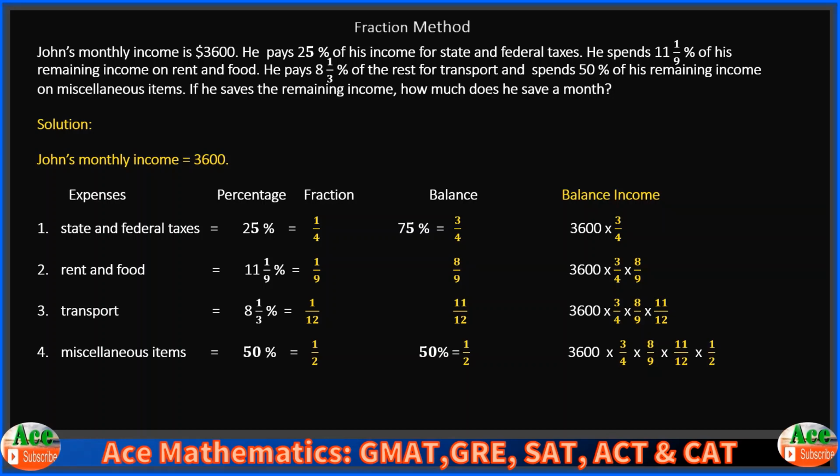That is 3,600 multiplied by 3/4 multiplied by 8/9 multiplied by 11/12 multiplied by half, which is equal to 1,100. Thus, John saves $1,100 a month.